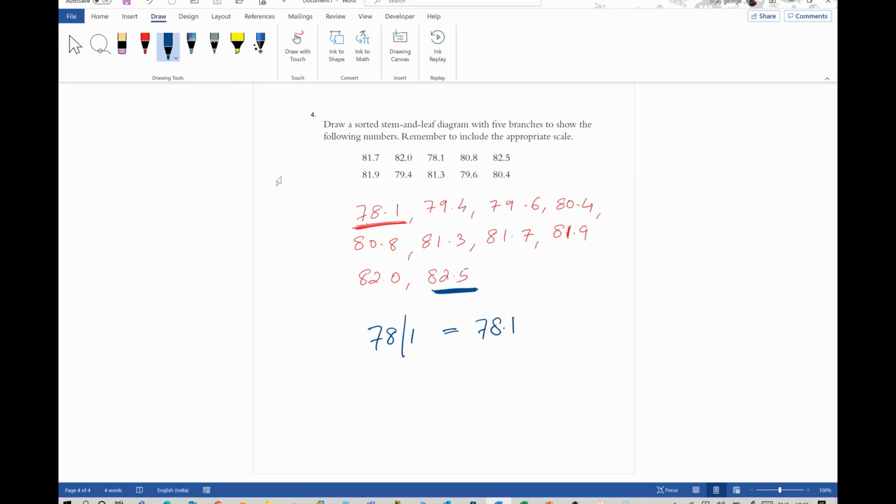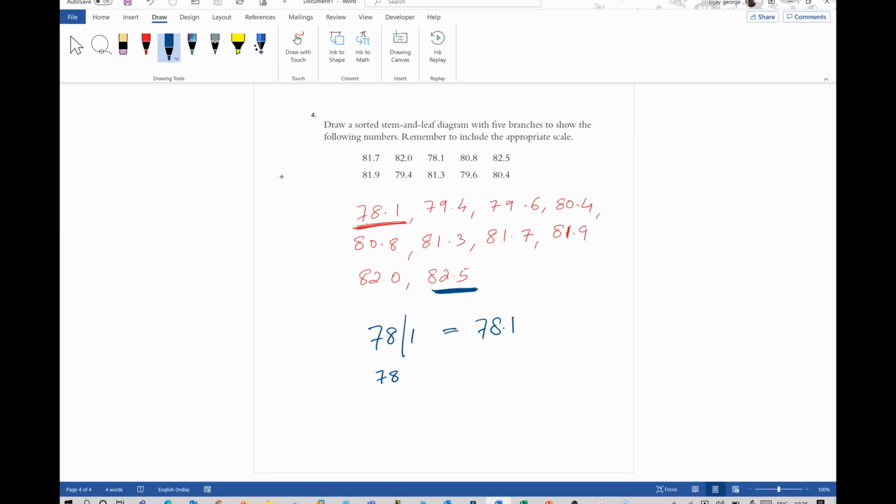If I draw the stem and leaf diagram, I can start with 78 in the stem part, and 1 is the only leaf next to the 78 stem.